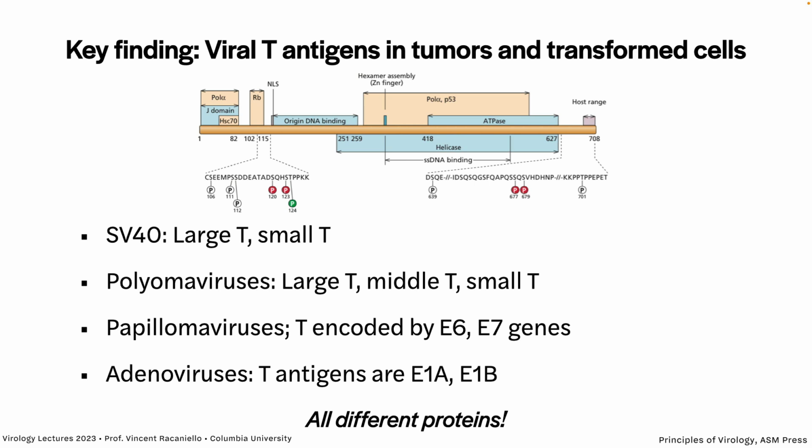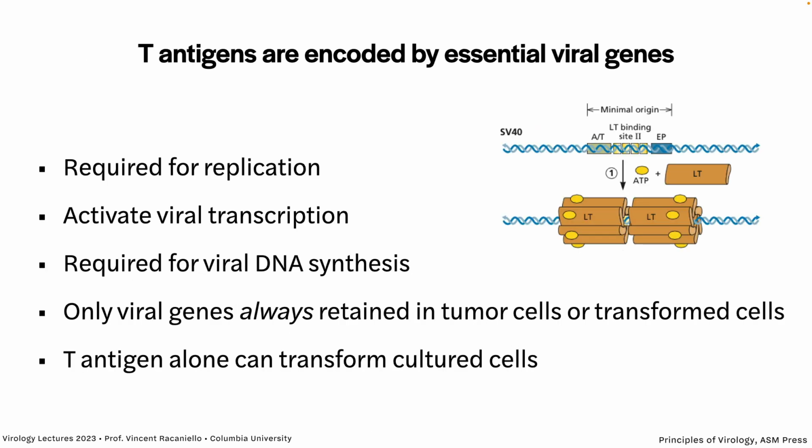For papillomas, the T antigens are encoded by the E6 and E7 genes. And for adenoviruses, they're the E1A and the E1B proteins. So these proteins are all found in tumors and transformed cells, but they're all different proteins. They're not the same protein encoded in different genomes of different viruses. Now, as you know, T antigens are essential.